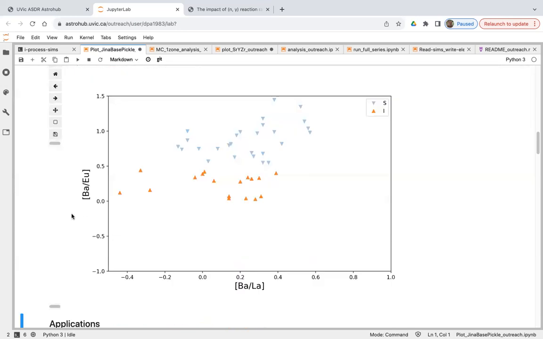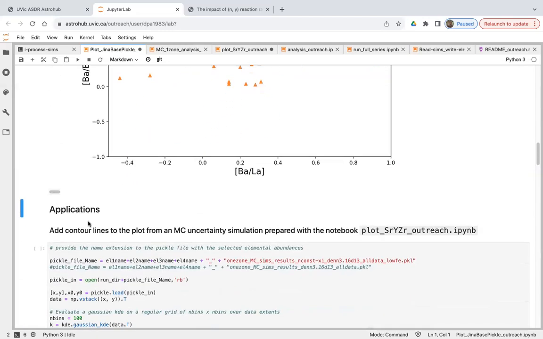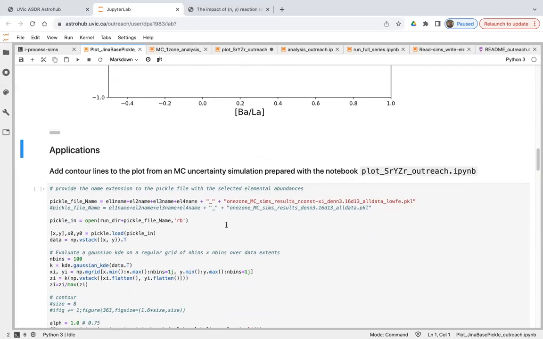These are observational data in this diagram for GINA base CEMP-r/s and CEMP-s stars from the Genabase website. Now we can add, in the next cell, the contour lines that we prepared, as explained here with the notebook plot strontium with zirconium. We've already done this.